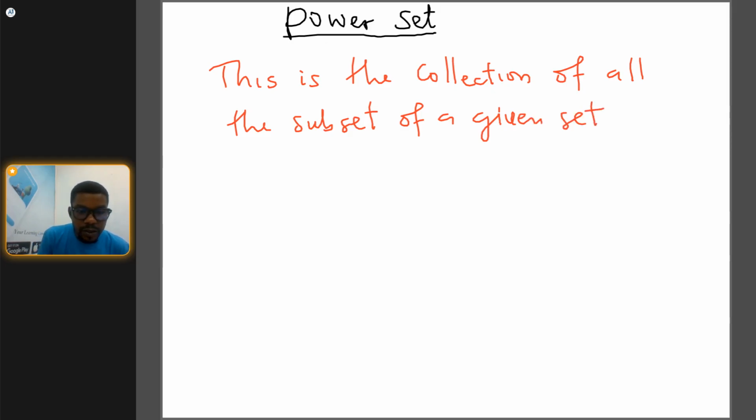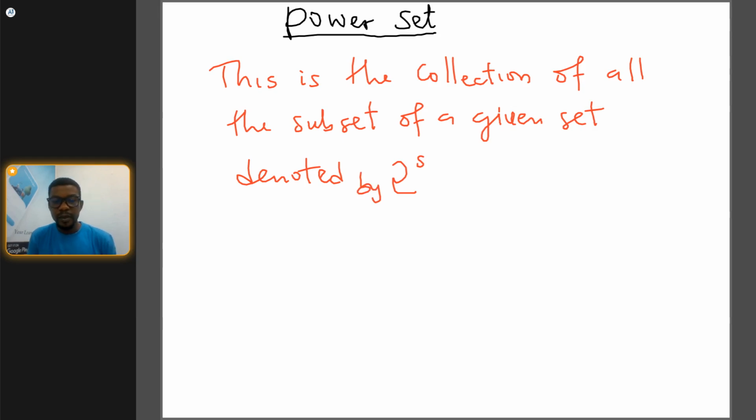It is denoted by 2 raised to power x. The power set is the collection of all the subsets in a given set.